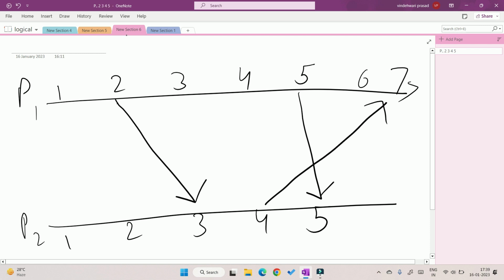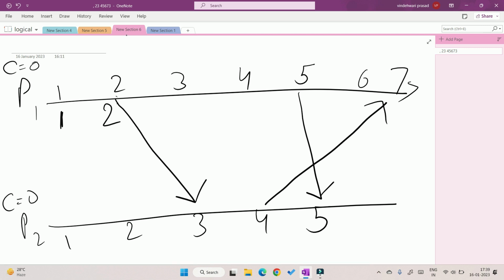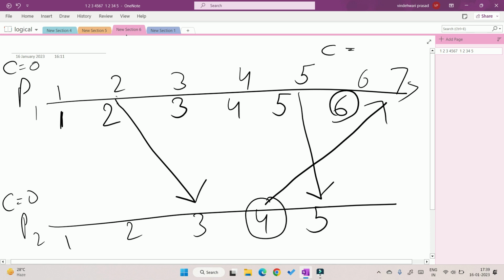So what will happen? Here the counter starts with 0, here also it starts with 0. With one event it becomes 1, with another event it becomes 2, because it is sending the event. So c equal to c plus 1: here c equal to 1, here c plus 1 equal to 2, here 3, here 4, here 5, here 6. But here we can't count directly, because here c is the maximum of this c and the sending c, plus 1.